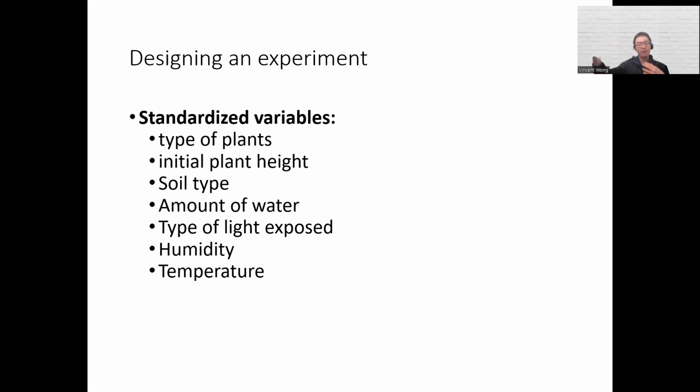See, if you change the sunlight, and let's say you didn't standardize the soil type, you use different soil for the plants, and then one becomes taller than the other, then you don't know, was it the sun that caused them to grow taller, or was it the soil type? So to make sure that whatever difference you see is caused by the difference in independent variable, you have to standardize everything. Okay, so let me write this down for you.